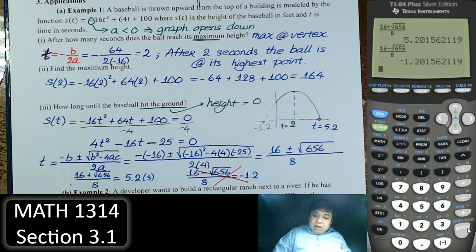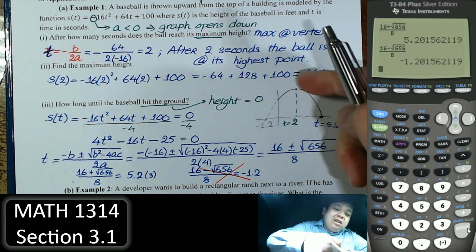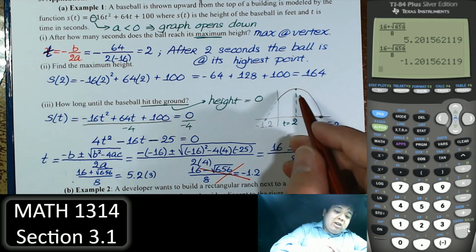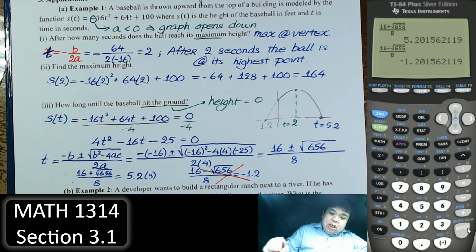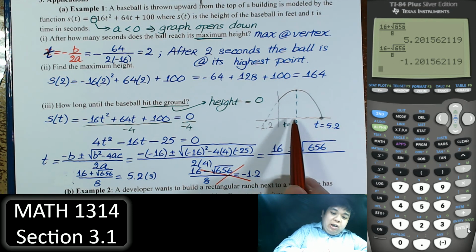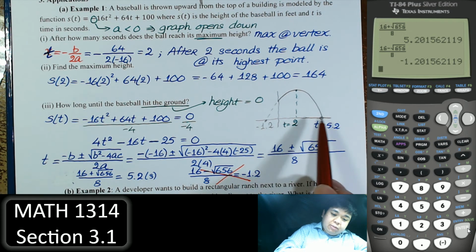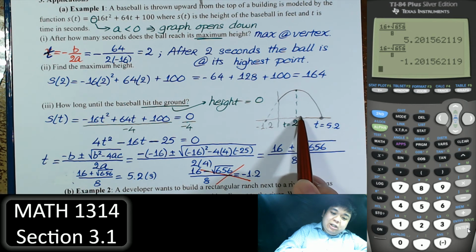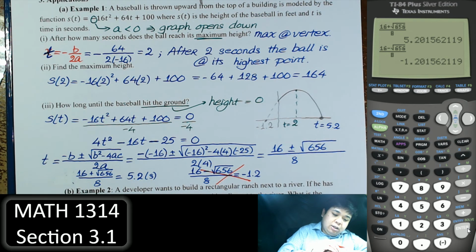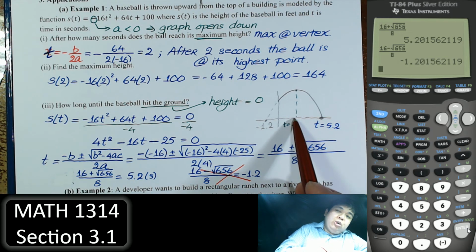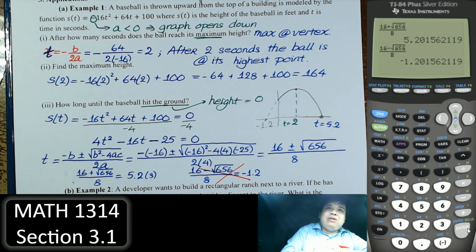One way to check this is t equals 2, where the vertex is, which is the axis of symmetry. So it will be symmetric from that point. So there's 3.2 units to go from here to there, and then 3.2 units from here to there as well.